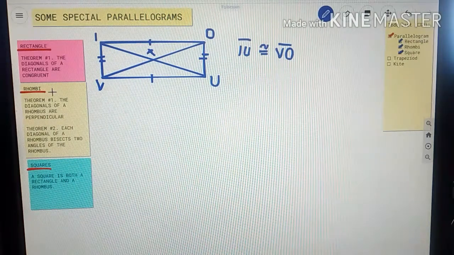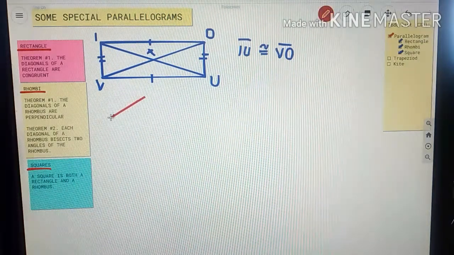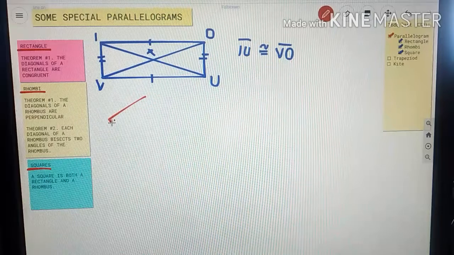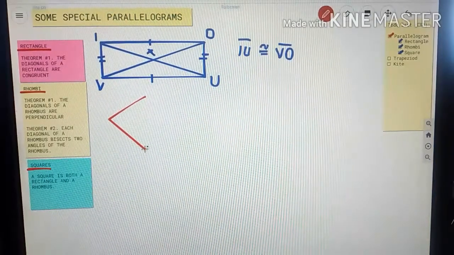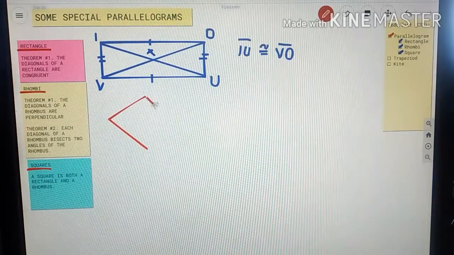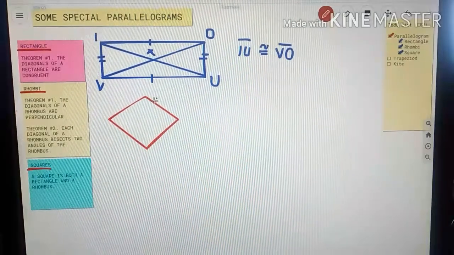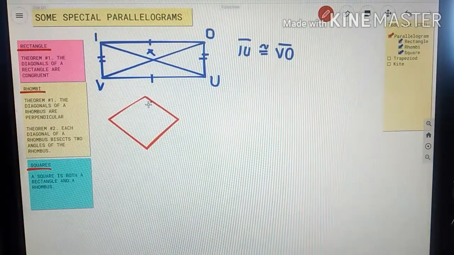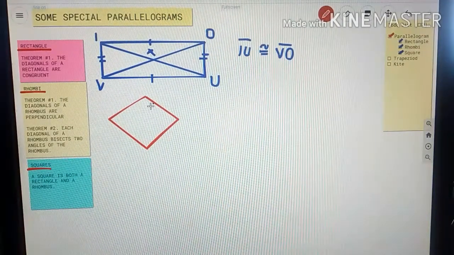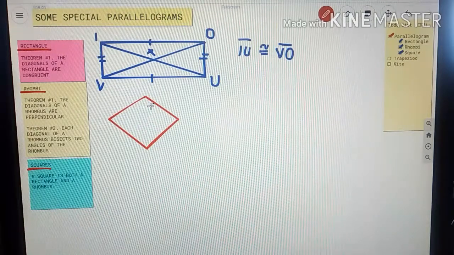Rhombus. Theorem number 1: the diagonals of a rhombus are perpendicular.